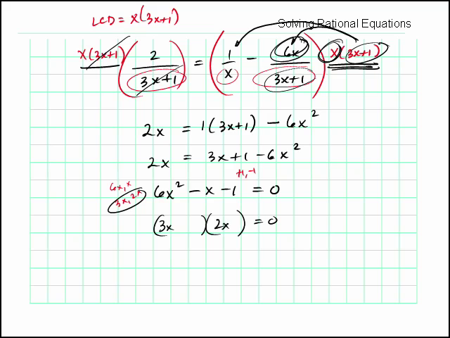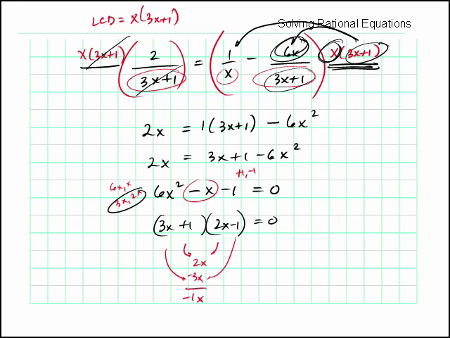And I'm going to put the plus 1 here and the minus 1 there. And as you recall from the previous chapter, a quick check: you multiply that together, you multiply this together, and that adds up to the correct middle term right there. So I know I have it factored correctly.